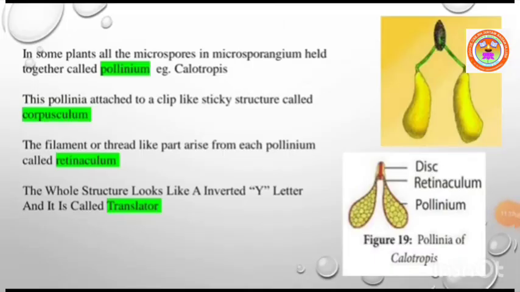Students, now you are seeing Calotropis. The pollinium of Calotropis contains microspores inside. Compound pollen grains are found in Drosera and Drymus.